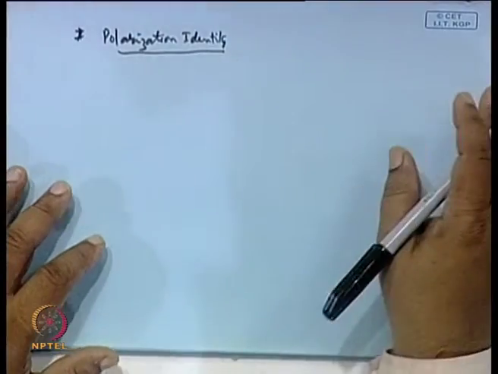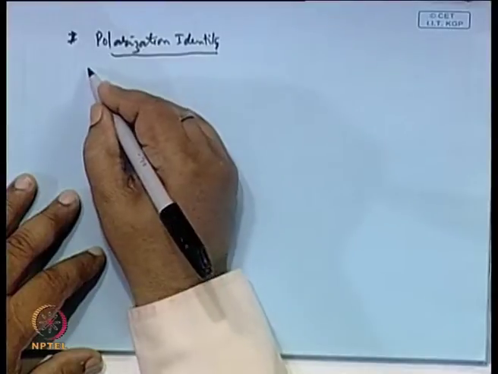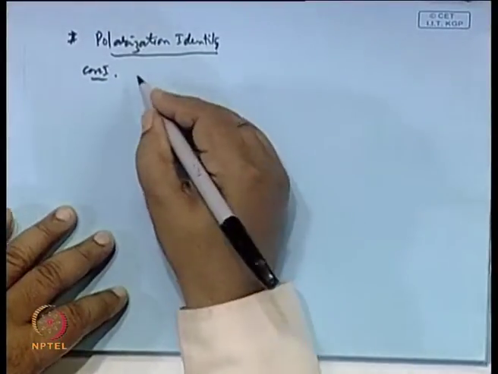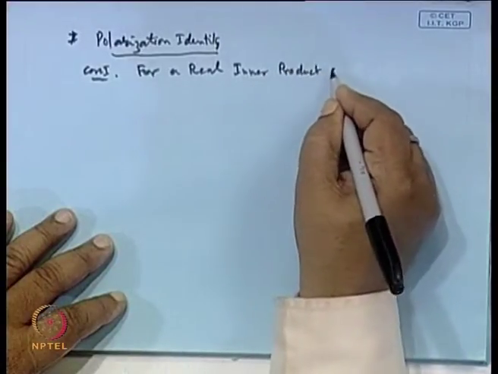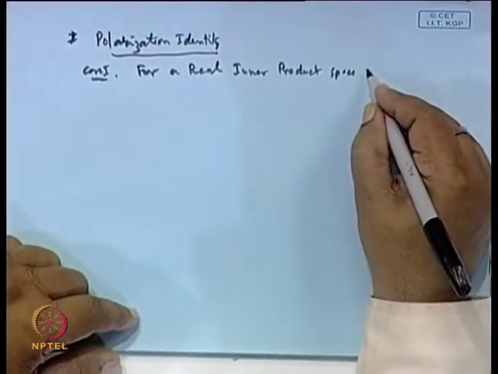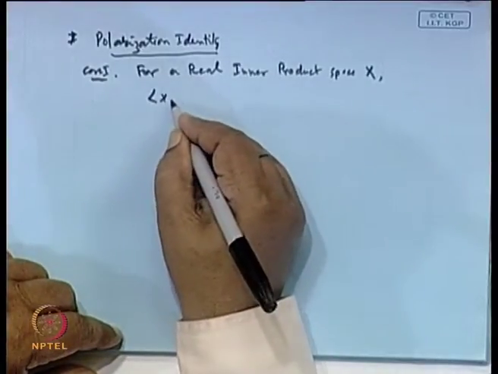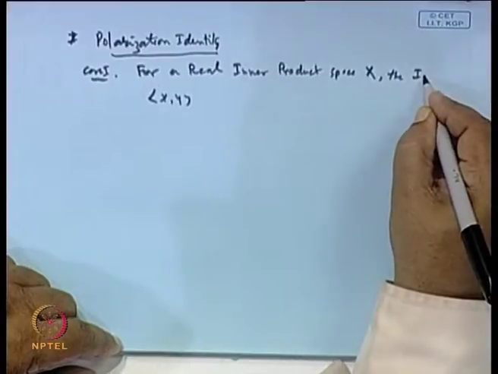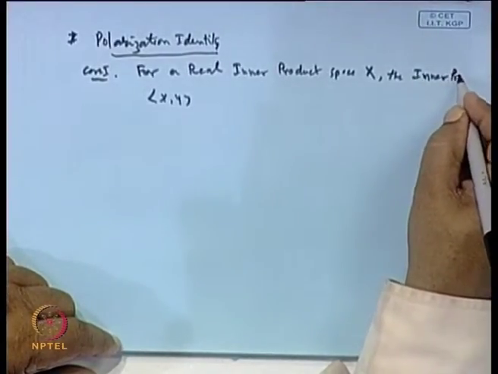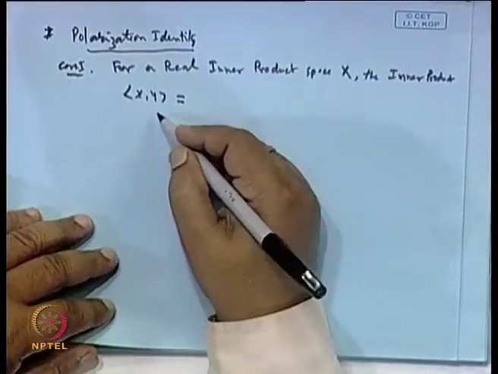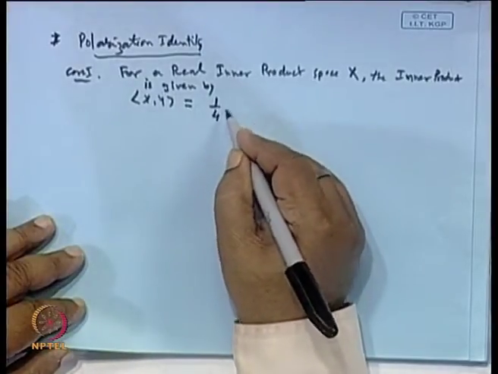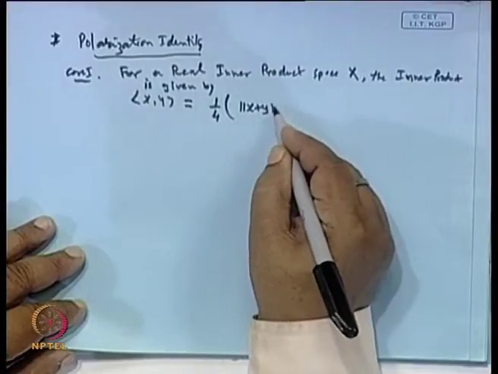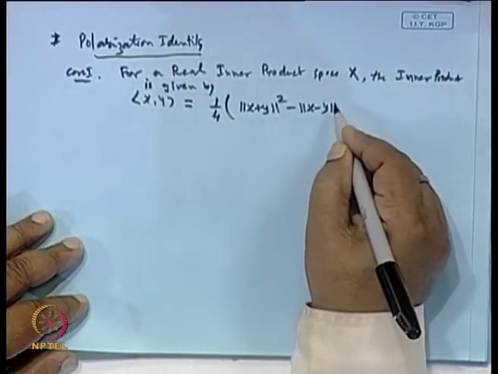What is the polarization identity? In case 1, for a real inner product space X, the inner product of x and y is given by 1/4 of norm of x plus y whole square minus norm of x minus y whole square.